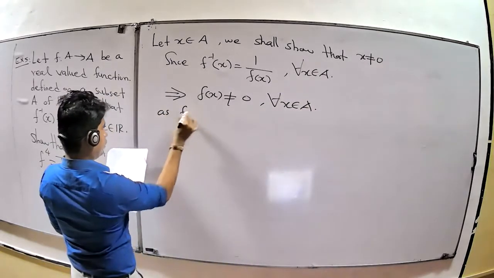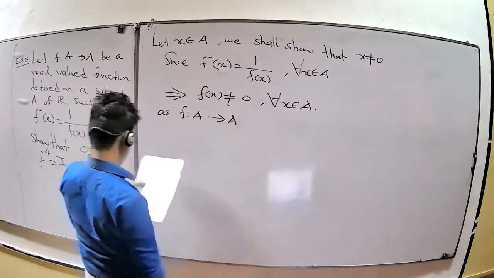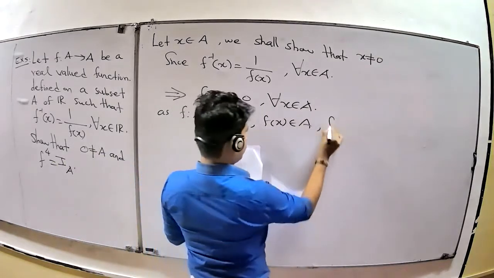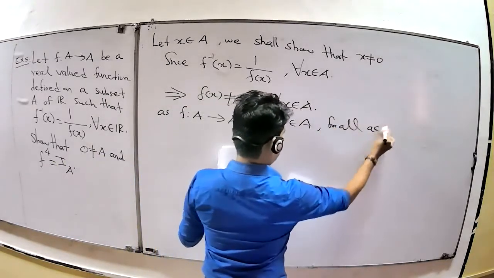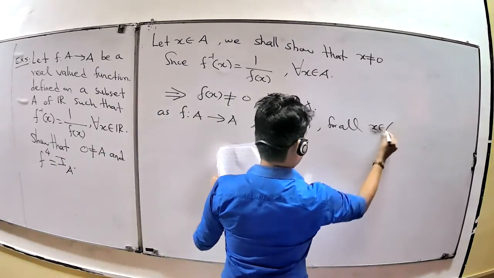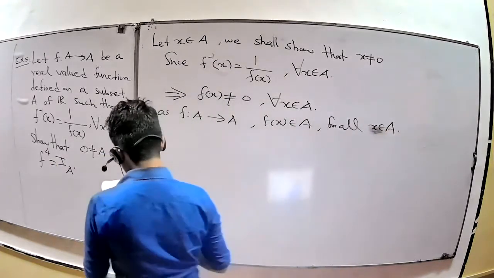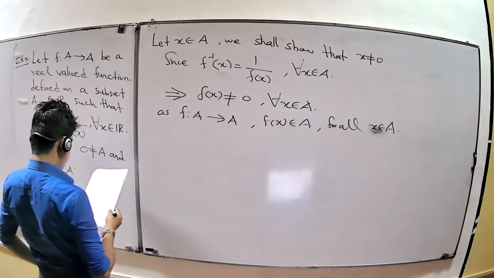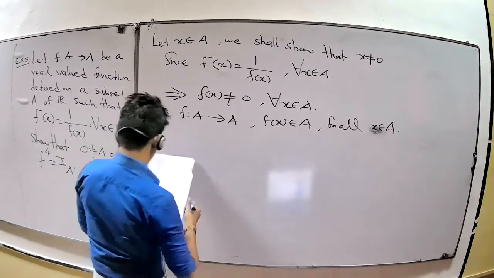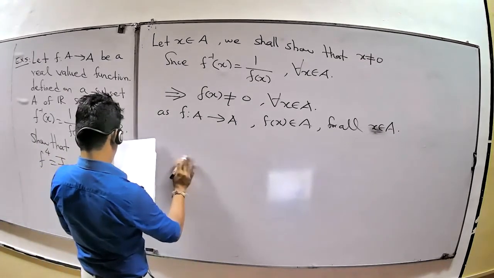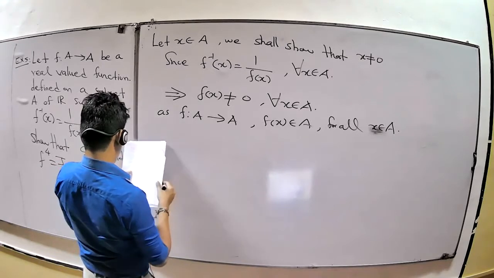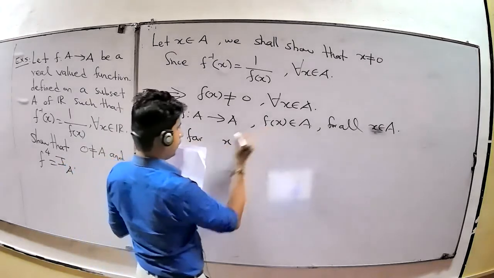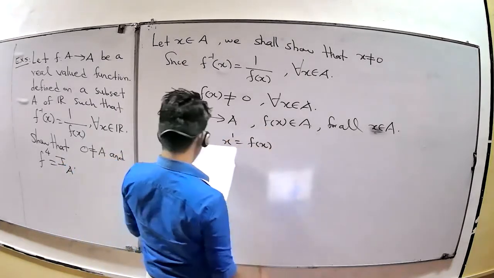As f is a function from A to A, f of x belongs to A for all x belonging to A. Suppose you have another value x dash equal to f of x.